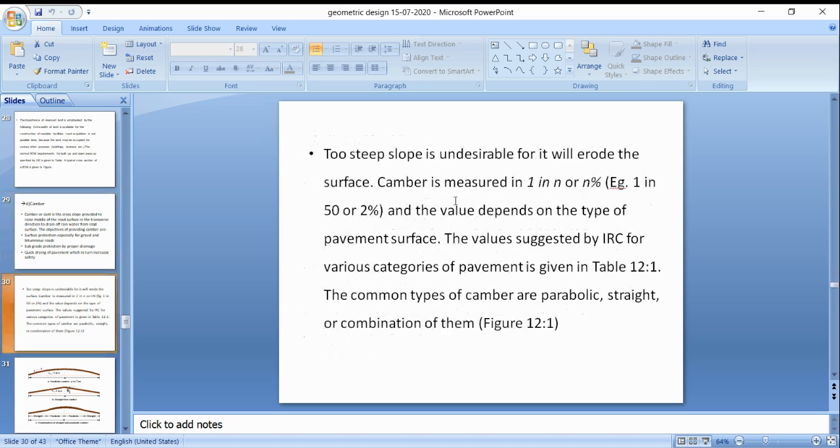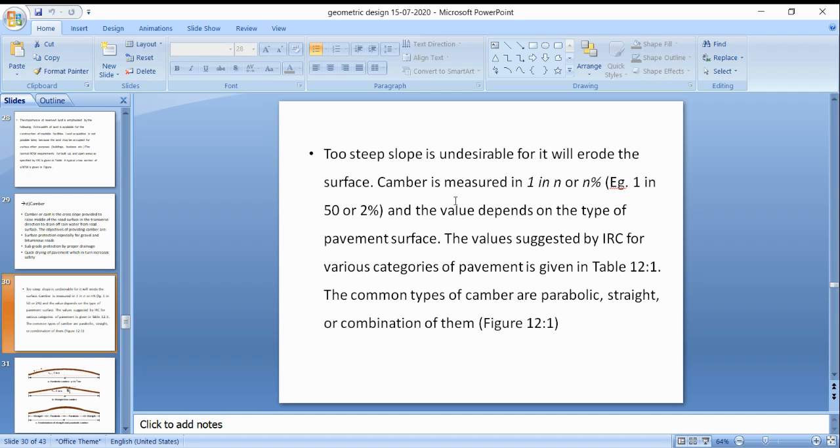Next, too steep a slope is undesirable and it will erode the surface. If we keep it too steep, there is a chance of surface erosion. So camber is measured as 1 in N.